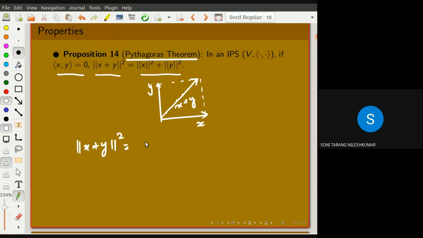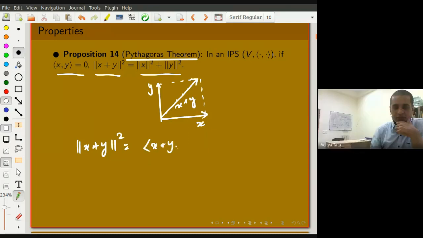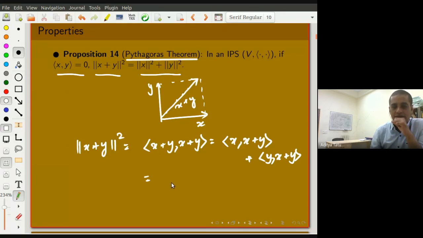The inner product of x plus y with itself. Then, what do we know about the inner product with respect to its first argument? It is linear. And about the second argument, it is conjugate linear, right?